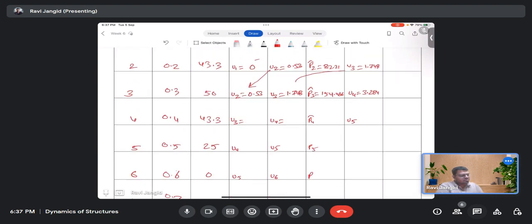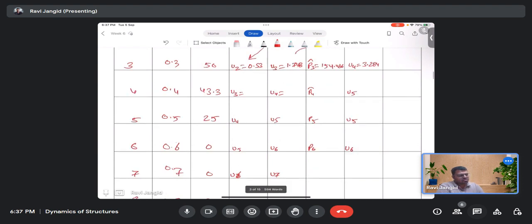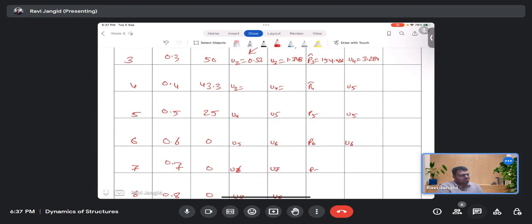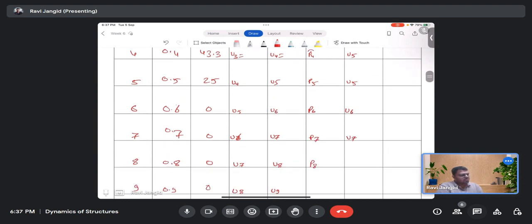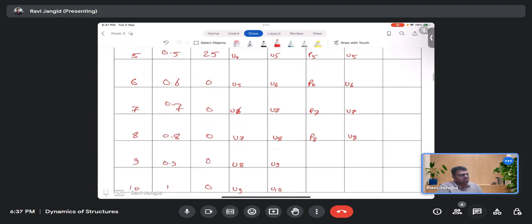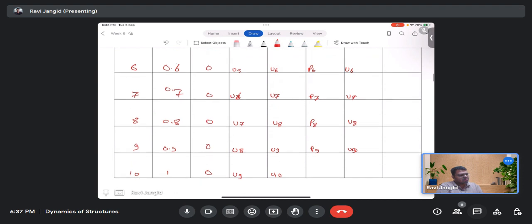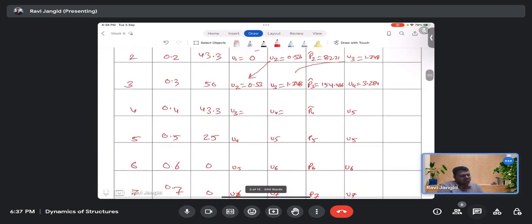P5, P6, u5, u6, P7, u7, P8, u8, P9, u9, P10, u10. So can you give me the value?